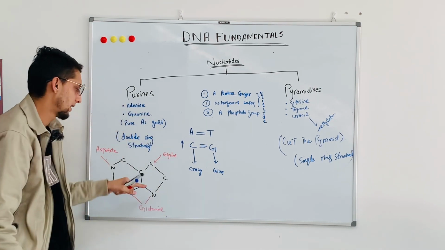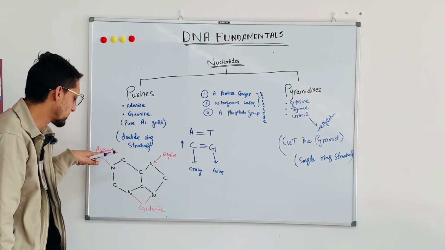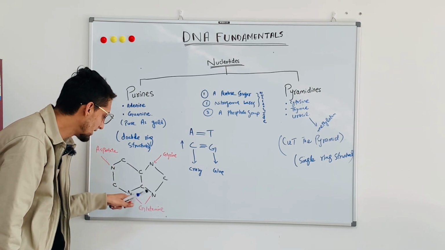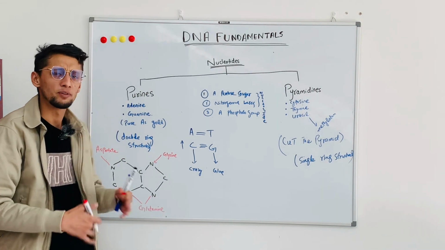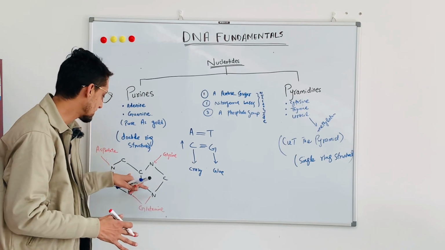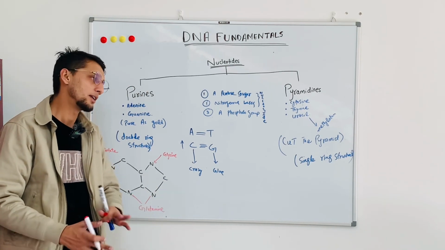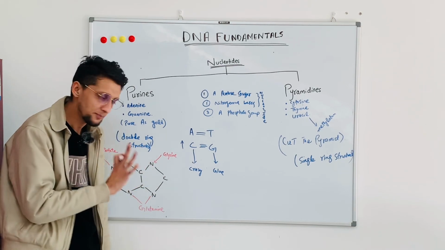Keep it in mind that this nitrogen comes from glycine, this nitrogen comes from aspartate, and these 2 nitrogens come from glutamine. I know this is a little bit confusing in the first lecture as you are not aware of the synthesis, but in the next section we'll discuss in detail how this structure comes about, right?